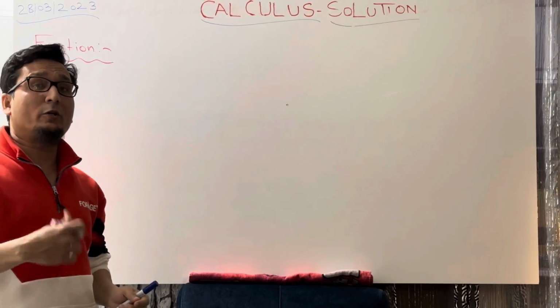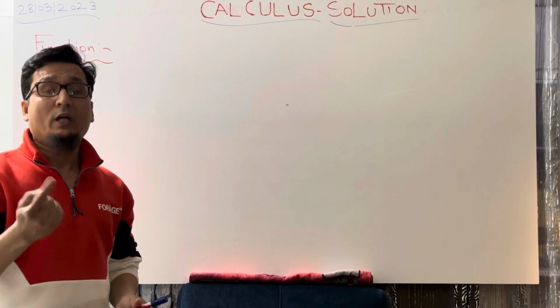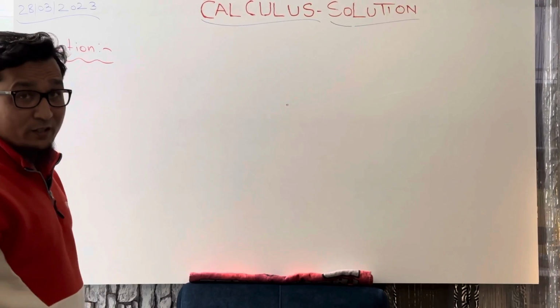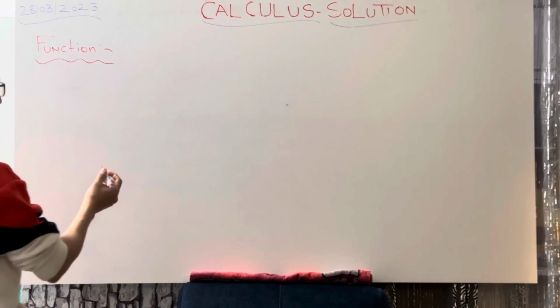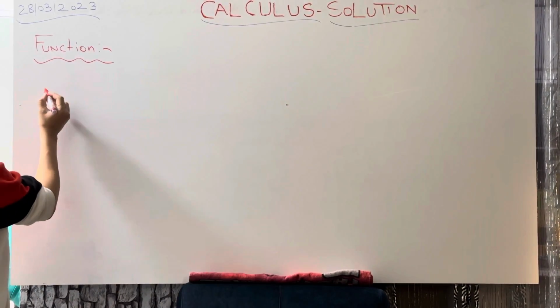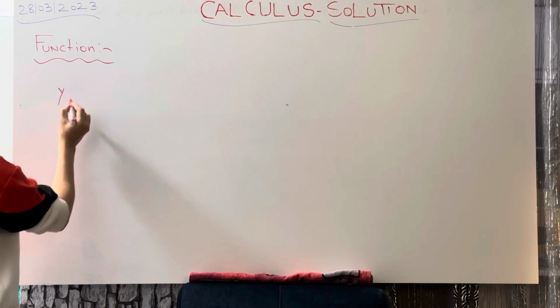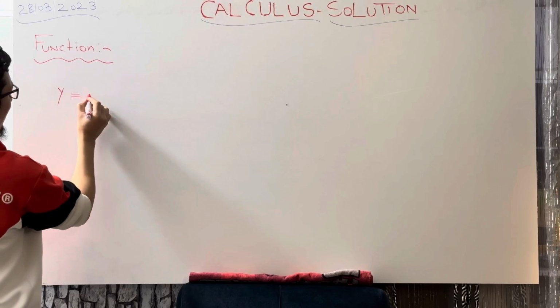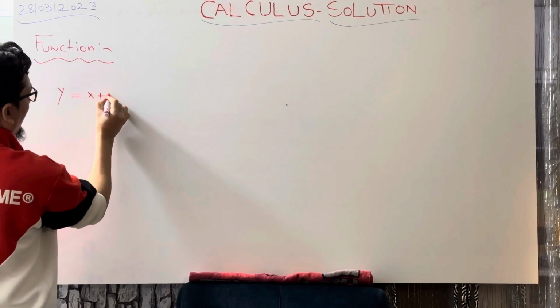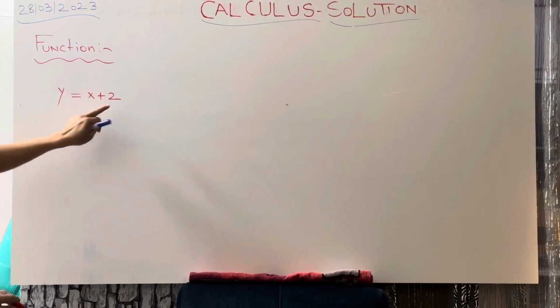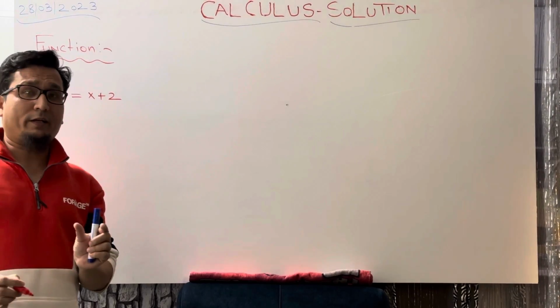Today I'm going to tell you about the first way, how you can say that this is a function. For example, I have f(x). f(x) means y. And I have given you the equation x plus 2 as a linear equation. y = x + 2. This is a simple linear equation, right?